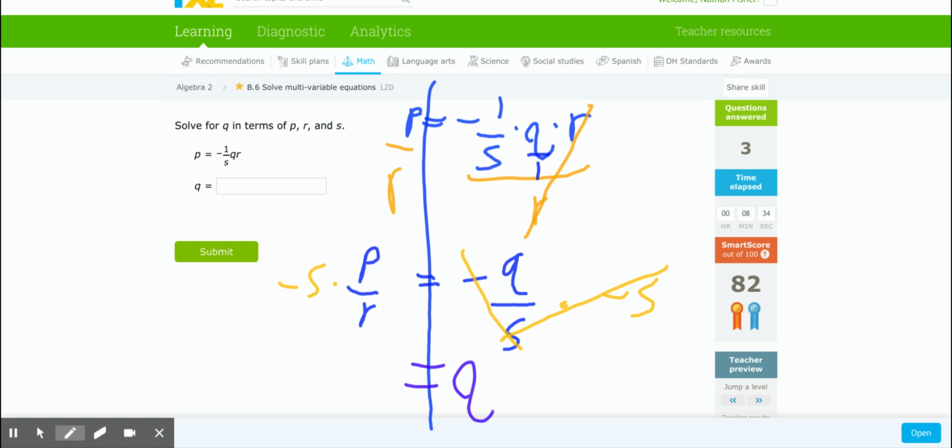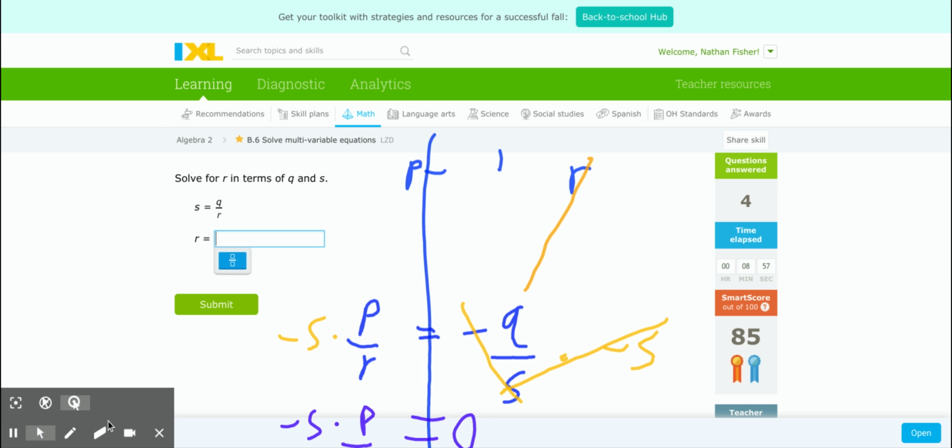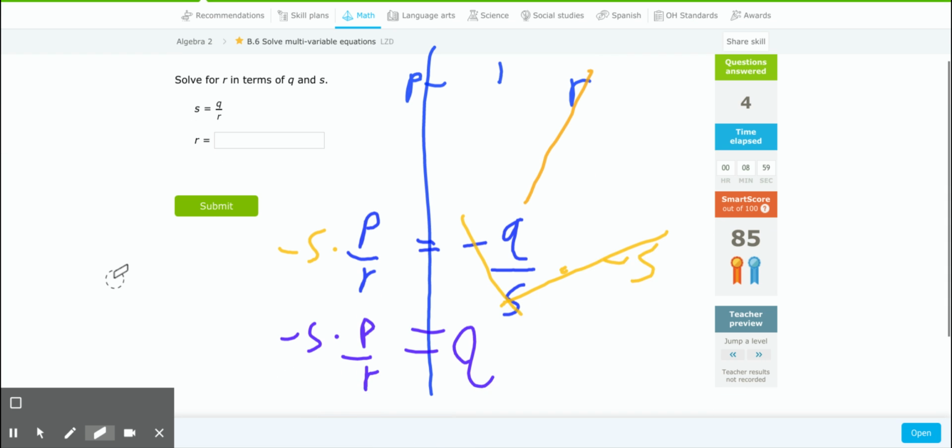Now I have just q, and then I have negative s times p over r. So let's see if I can't type that in and see where we're at. All right, negative s times p over r. Great, awesome.